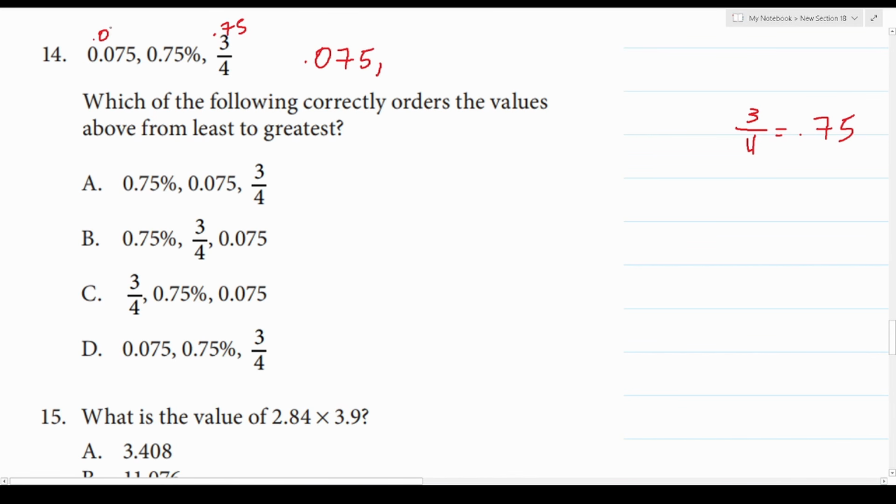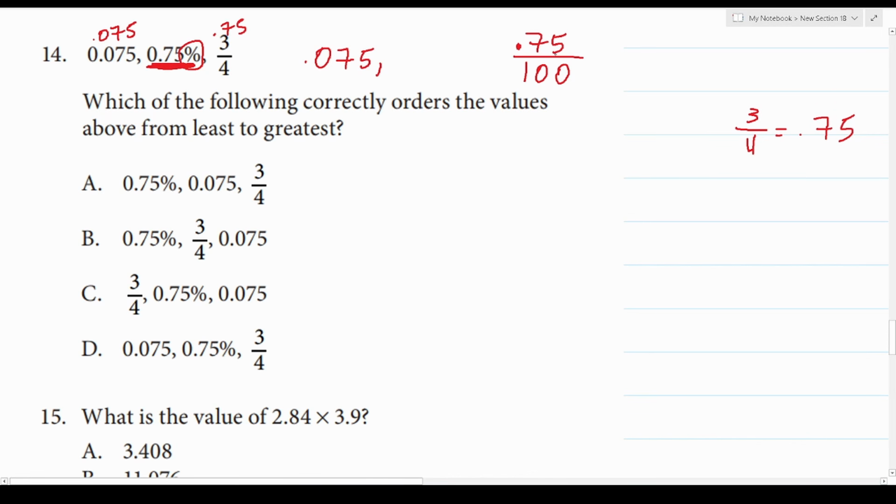This one's already in decimal form, and this one looks like it's in decimal form, but we have this percent symbol hanging out there. So in order to convert 0.75% to a decimal, we're going to take 0.75 and divide it by 100. And as we previously saw in this video, when we multiplied a decimal by a power of 10, we shifted its decimal place to the right according to how many zeros there were in the power of 10.